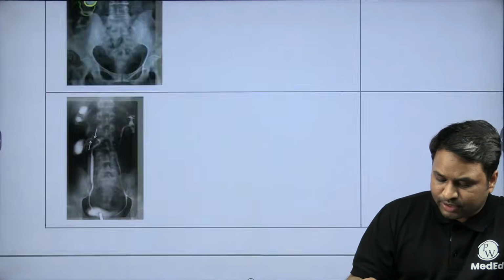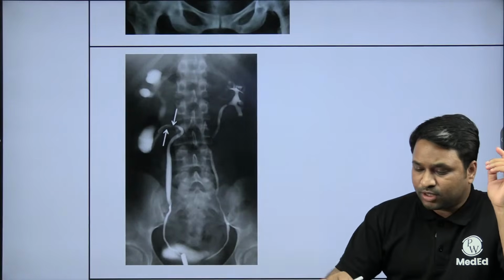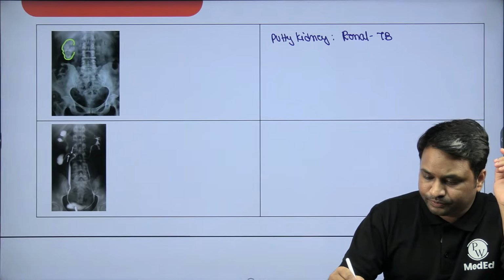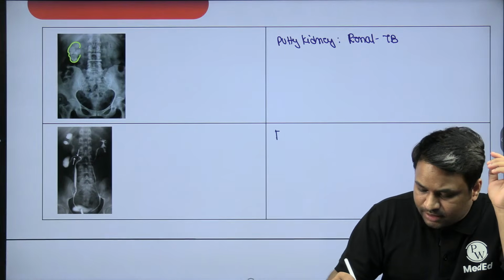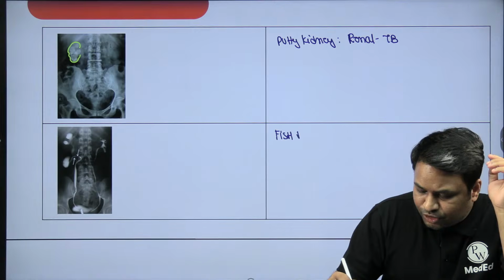Now, this image you can see is like a hook that is created. This is called a fish hook ureter.